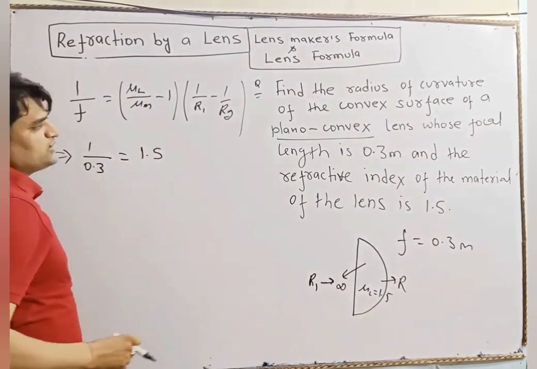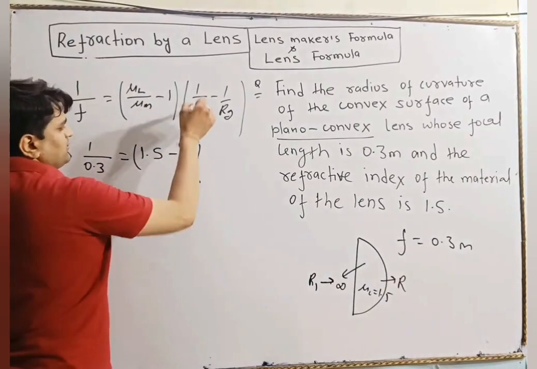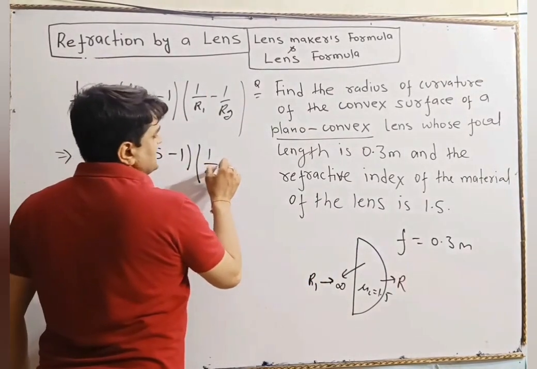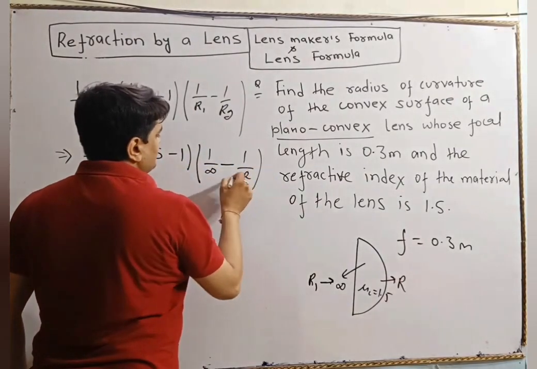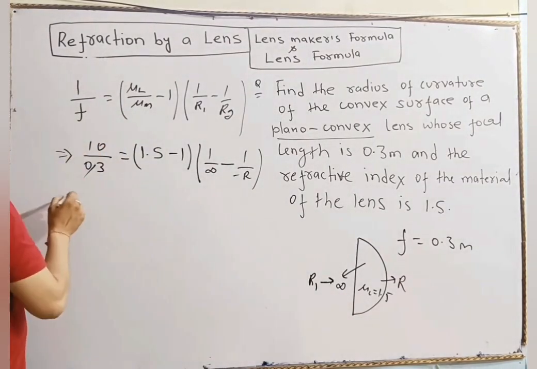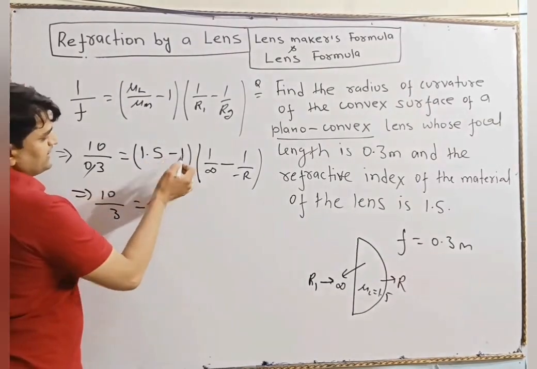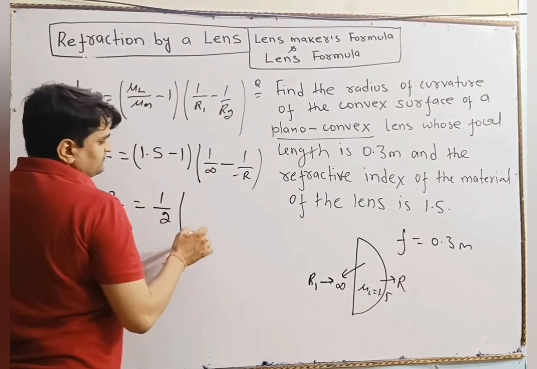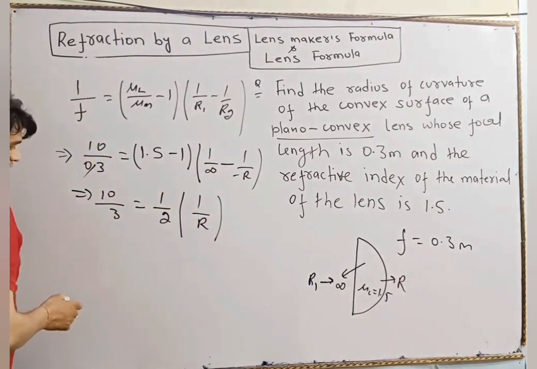Because the medium is not mentioned, by default we take it as air. And 1 upon R1 is 1 upon R, and minus 1 upon R2 is 1 upon infinity. Let's remove the decimal. It is 10 by 3, and it will be 1.5 minus 1, that is 1 by 2, and 1 upon infinity is 0, and it becomes 1 upon R.